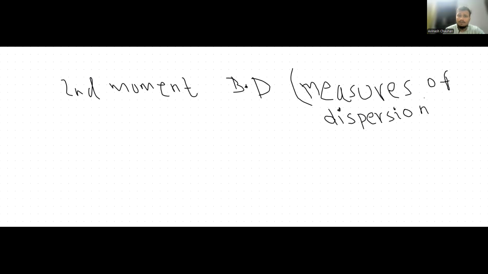The second moment of business decision is also known as measures of dispersion. And what comes under measures of dispersion? The very first thing we come across is standard deviation. I hope you are making the running notes. So I want you to make the running notes. The very first thing is standard deviation.